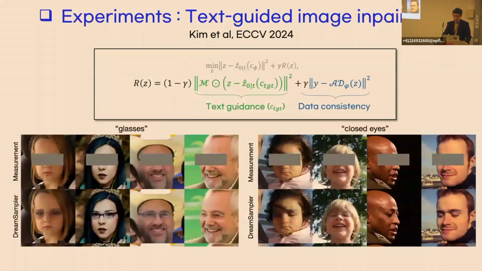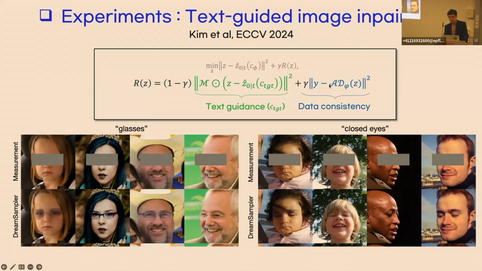For example, here, this is a text-guided image inpainting problem. Here, the loss function is determined in this way. One is the so-called text guidance, using the latent diffusion. You have text guidance already inside, so you have a text guidance intermediate latent. And the other is the data consistency term. Okay?